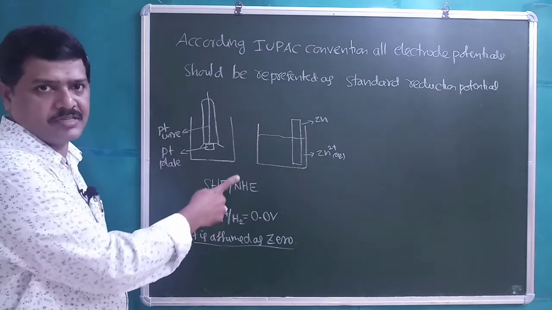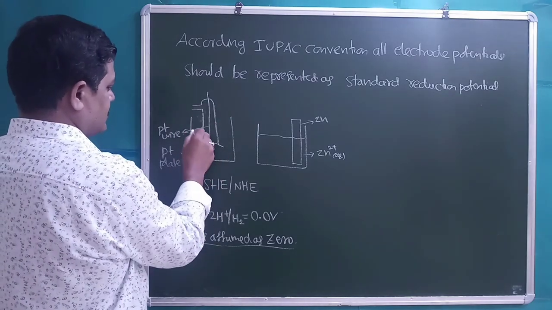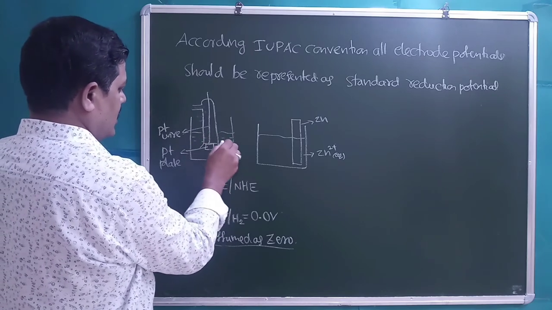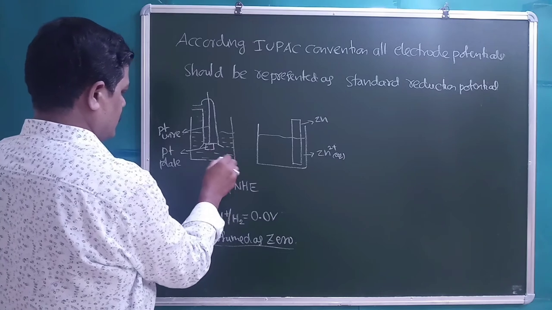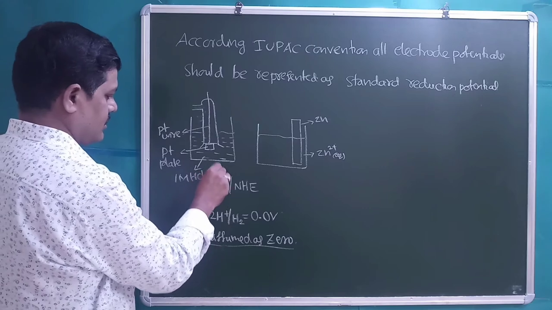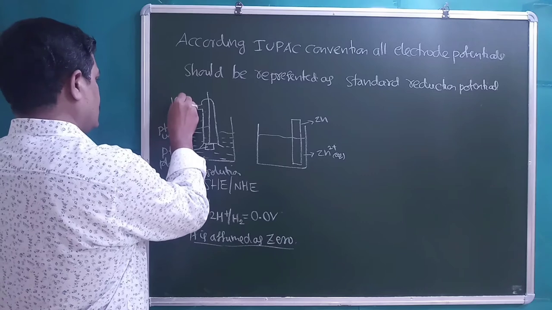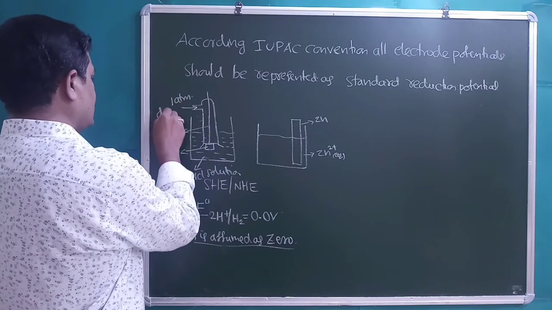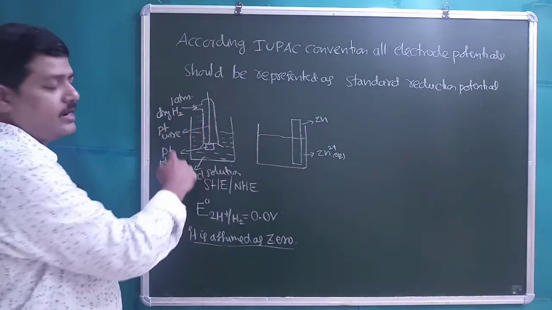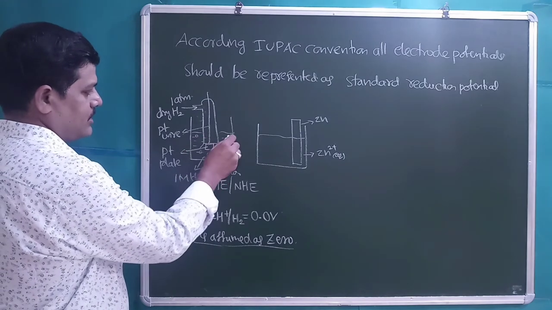The construction of a standard hydrogen electrode is such that this entire setup is dipped in 1 molar HCl solution, and into this continuously dry H2 gas is blown at a pressure of 1 atmosphere.